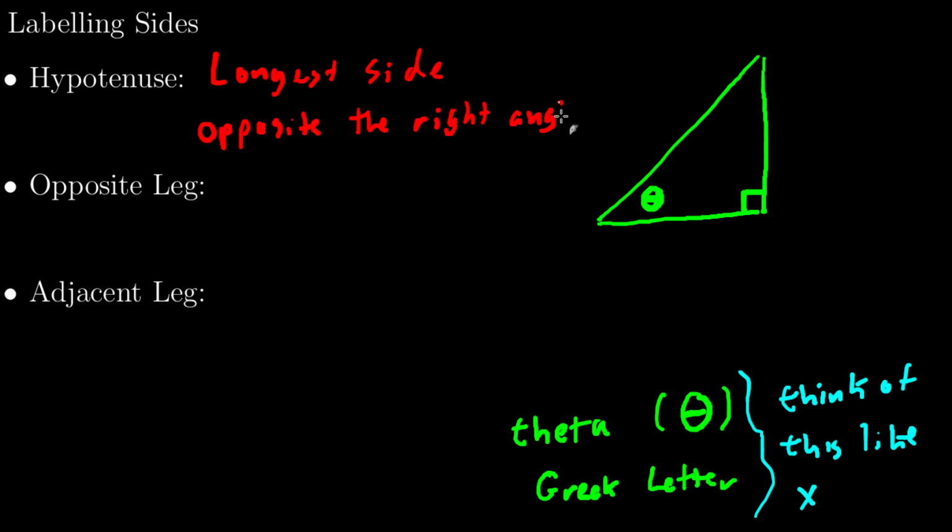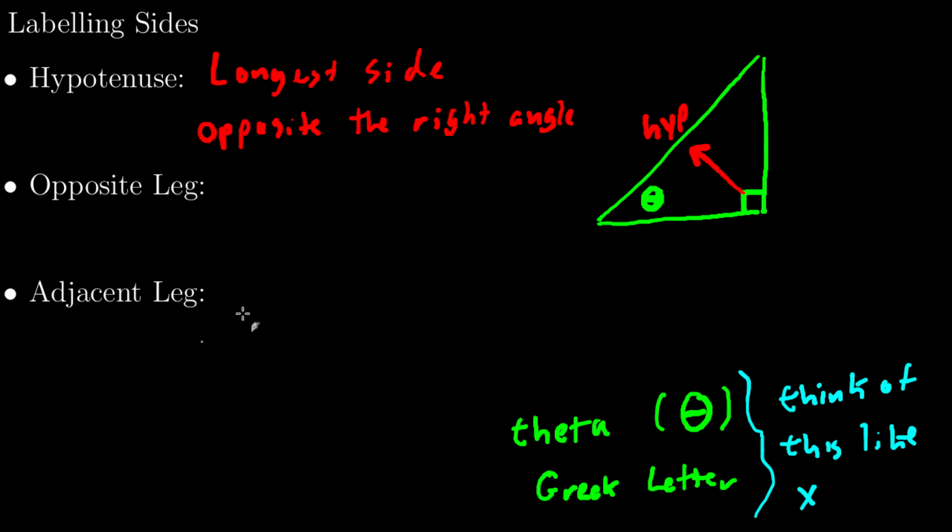This second rule is the one I'm going to use to find the hypotenuse whenever I do it. Sometimes the triangle might not clearly show that this is longer than the other sides, but if I start at the right angle and go opposite, meaning across from the right angle, this has to be the hypotenuse.